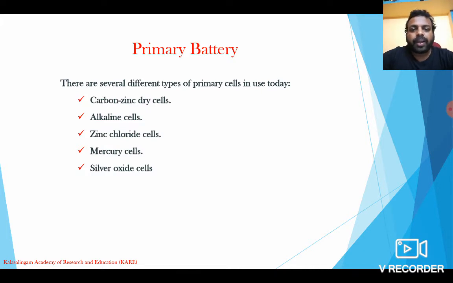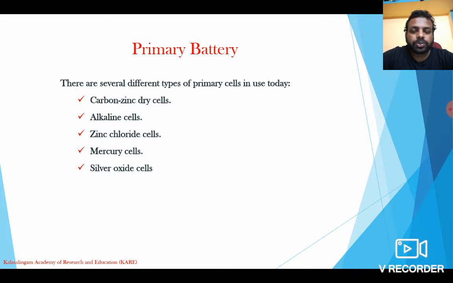Batteries use different materials for designing their electrodes as well as electrolyte. Based on the electrode and electrolyte used, primary batteries are classified into five types: carbon zinc cell, alkaline cell, zinc chloride cell, mercury cell, and silver oxide cell.